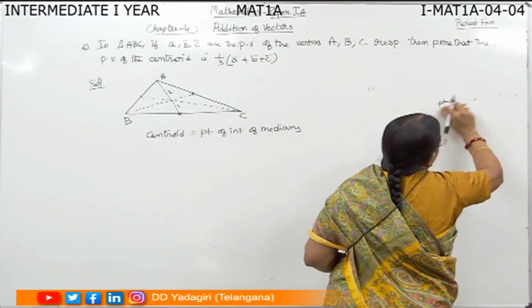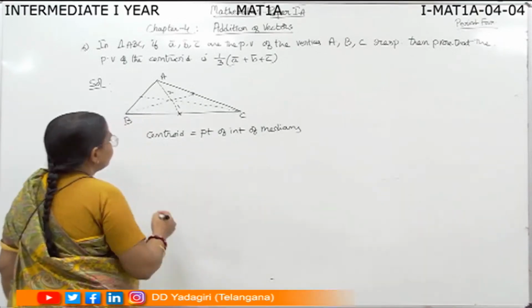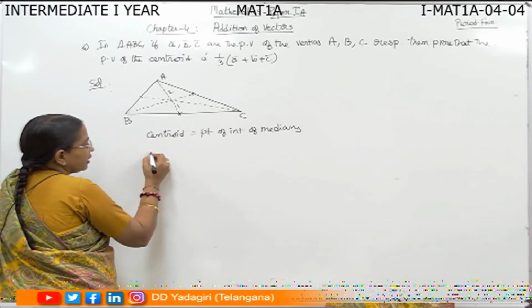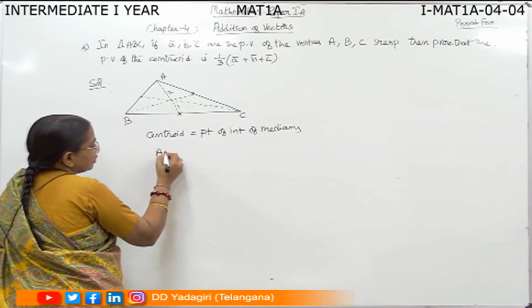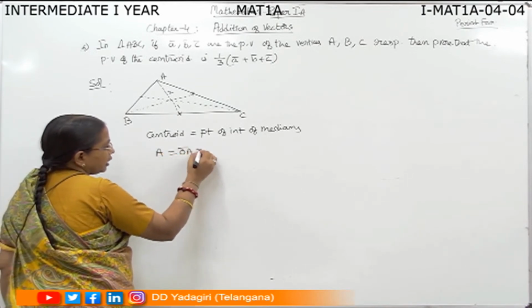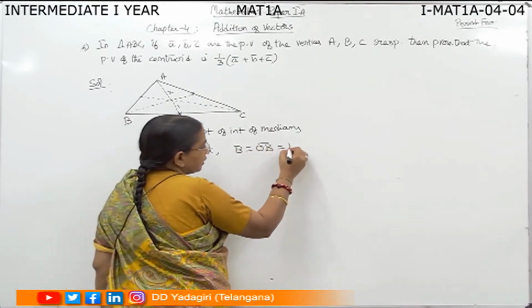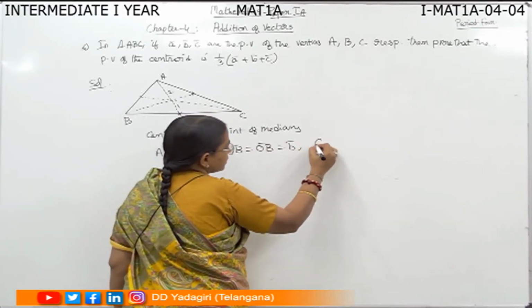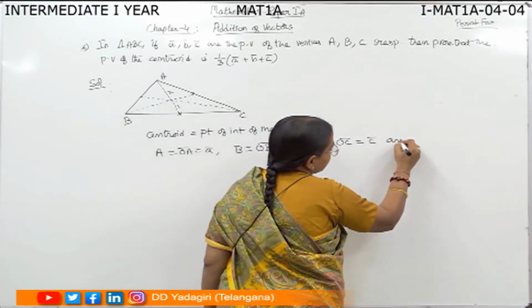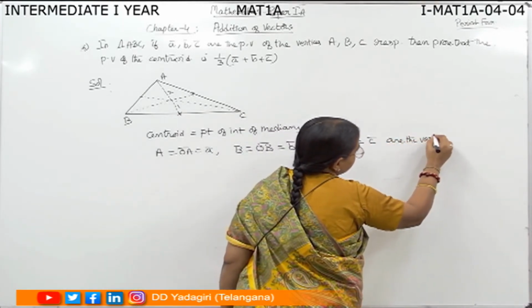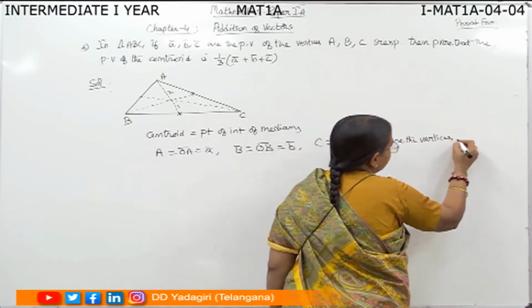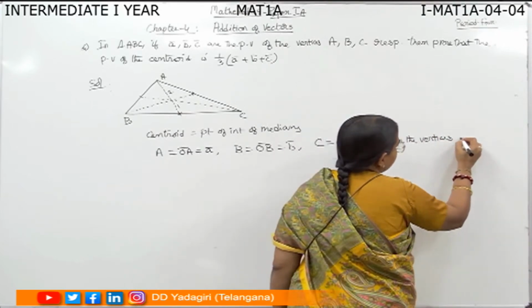So we are given that OA is equal to A bar, OB is equal to B bar, and OC is equal to C bar are the position vectors of the vertices of triangle ABC.